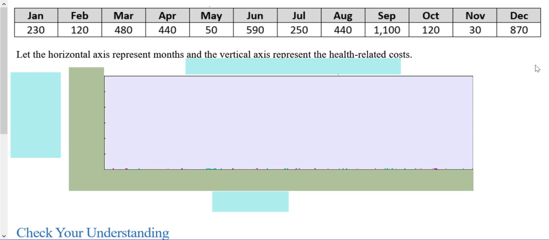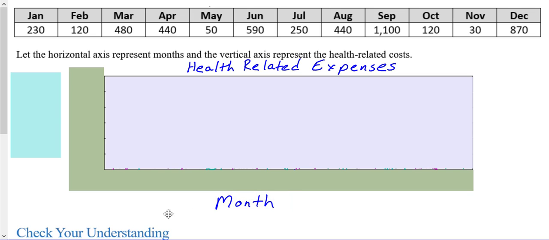The first thing we want to do is give our bar graph a title, and we called this bar graph health related expenses. And then we want to decide what each axis represents. On the x-axis is where we will record the months, and on the y-axis is the budgeted amount in dollars.